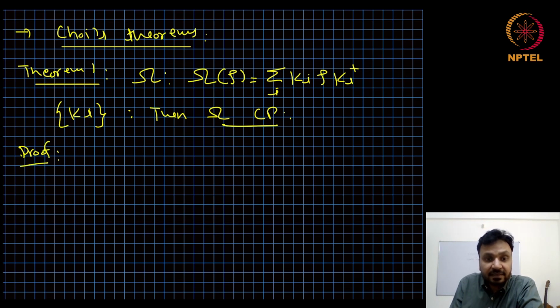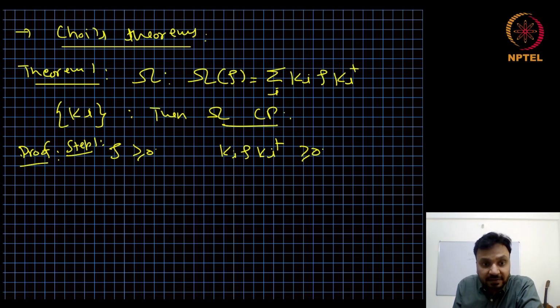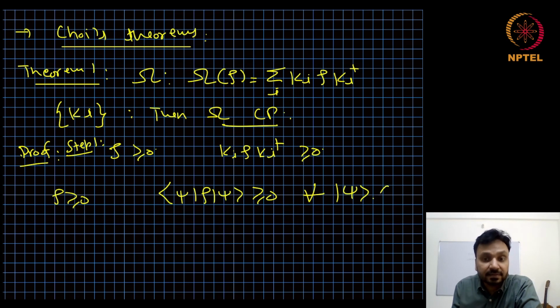First, we see that if rho is positive, then K_i rho K_i dagger is also positive. Let us call it step 1. So how do we prove that? The definition of positivity, rho being positive, is that its expectation value is positive for all the states psi in the Hilbert space.